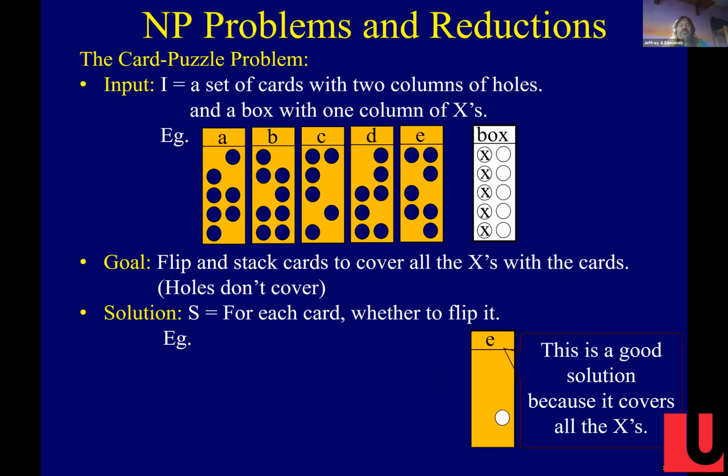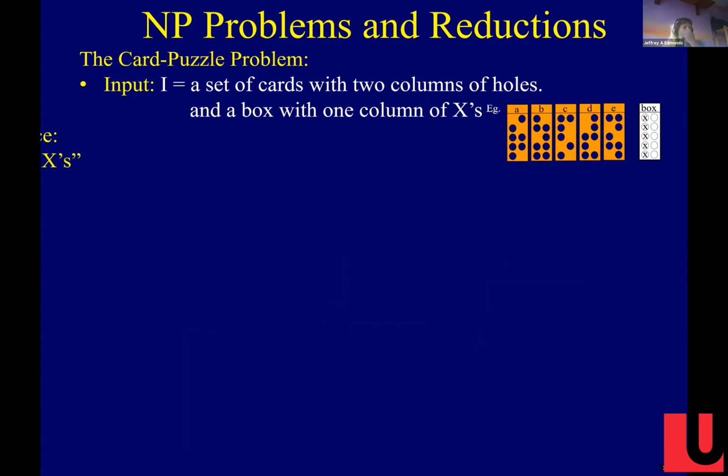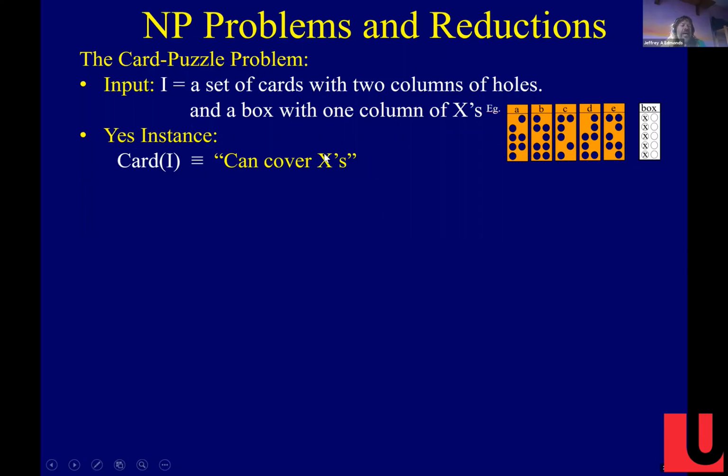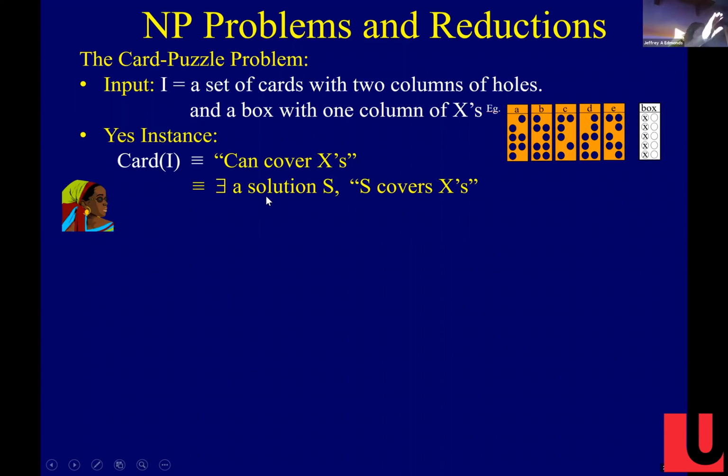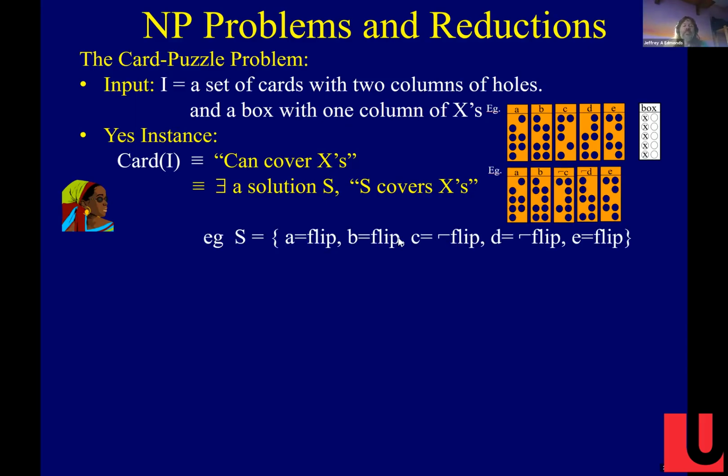All right. And so what are we saying? A set of cards is satisfiable if you can cover all the X's. And what does that mean? It means there exists a solution, a way of flipping the cards that covers all the X's. And what does that mean?